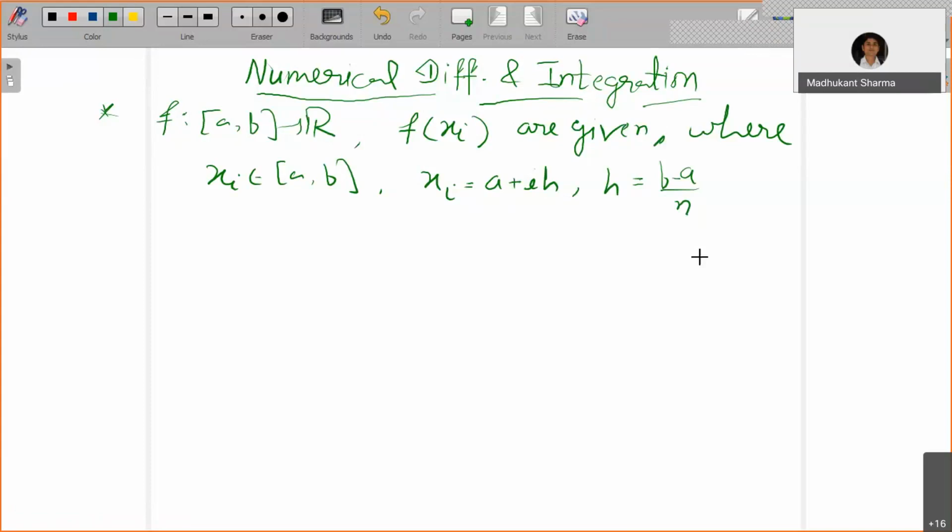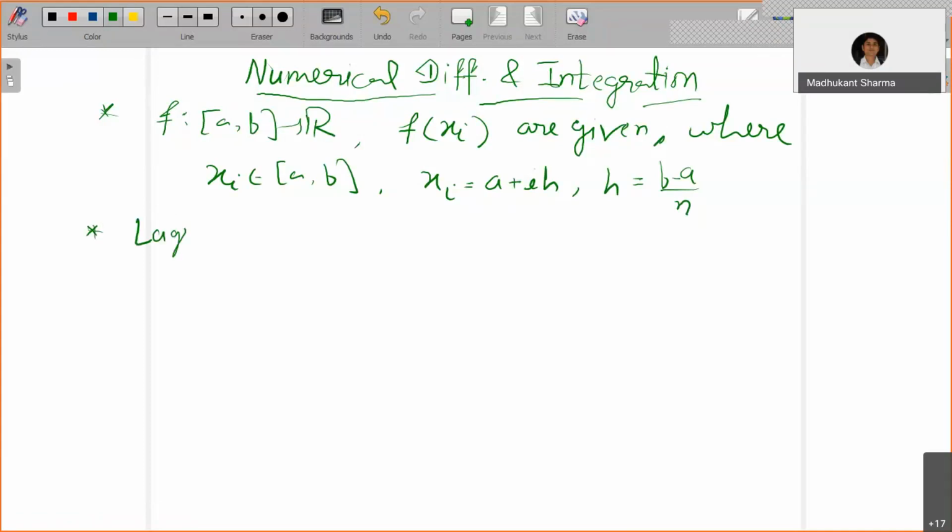Then we can recall any interpolating polynomial. Since interpolating polynomials are unique, but they may have different types of representations, you have the following Lagrange form of interpolating polynomial.